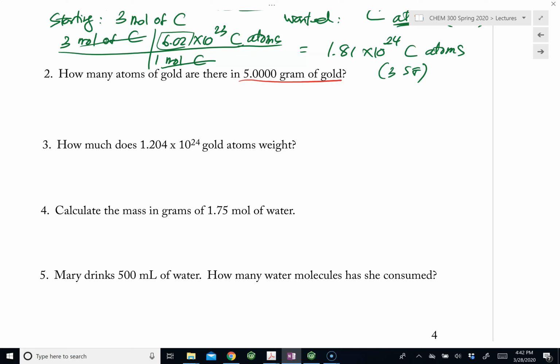Because now it allows us to figure out how many atoms are present in a sample of something without even counting it. So here in this case again, the starting units would then be 5.0000 gram of gold. And the wanted unit would then be gold atoms.